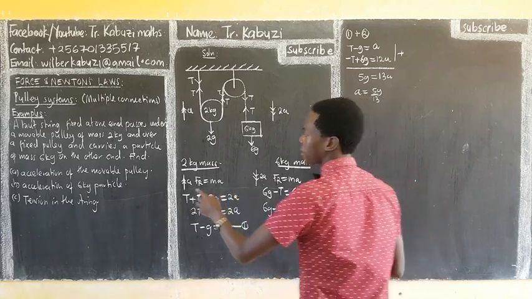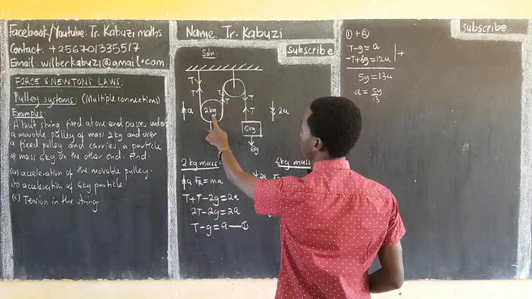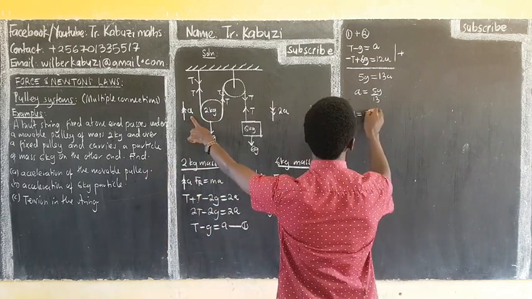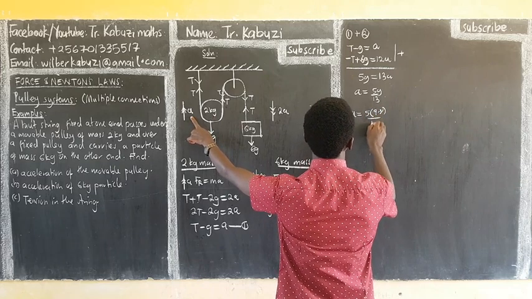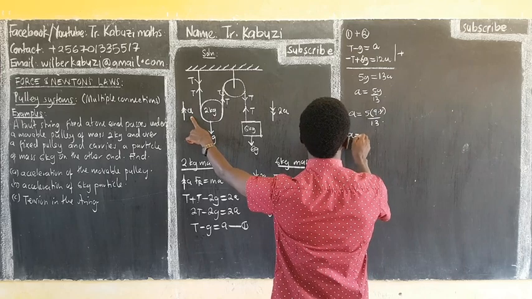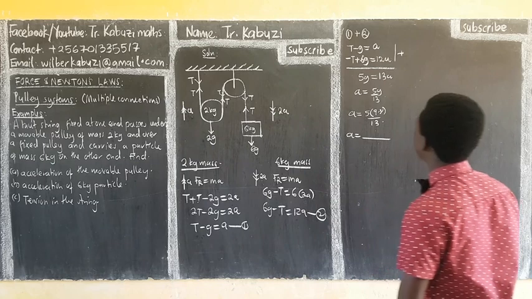Remember, they want us to get a at the movable pulley, this one. So the acceleration is 5 into 9.8 over 13, in meters per second squared.